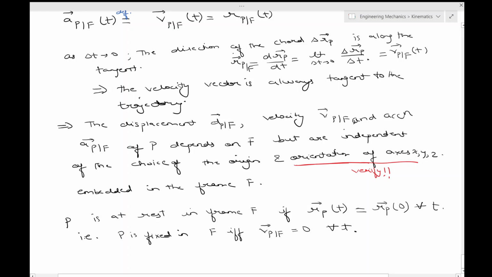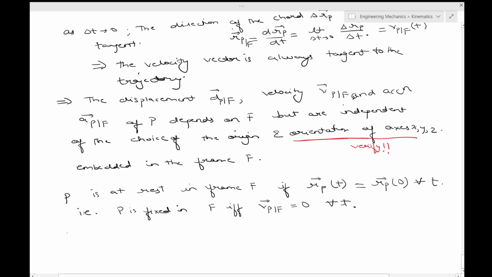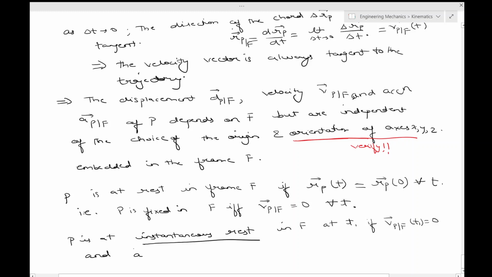Now there is another definition. We say that P is at instantaneous rest in F at t1 if the velocity of P in F at t1 is equal to 0, and the acceleration of that point at the same time is not equal to 0.